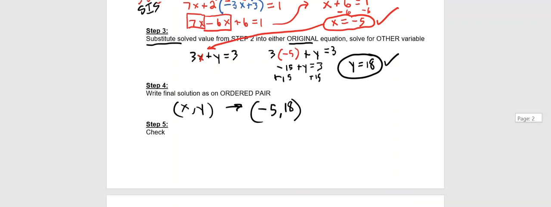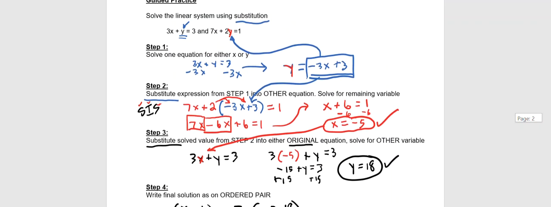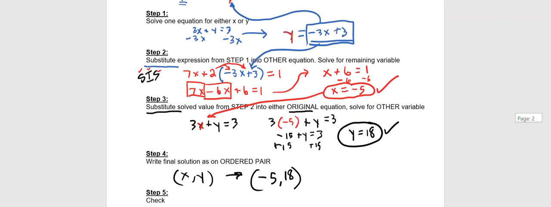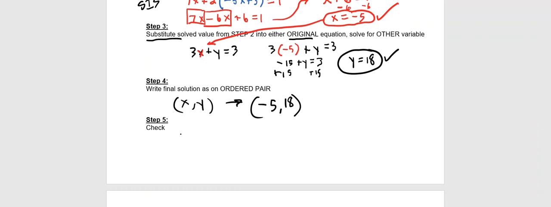So let's do a quick check if we can. Let's see, our first equation, 3x plus y equals 3. I should be able to do 3 times negative 5 plus 18 equals 3. Negative 15 plus 18 equals 3. 3 equals 3. So check.